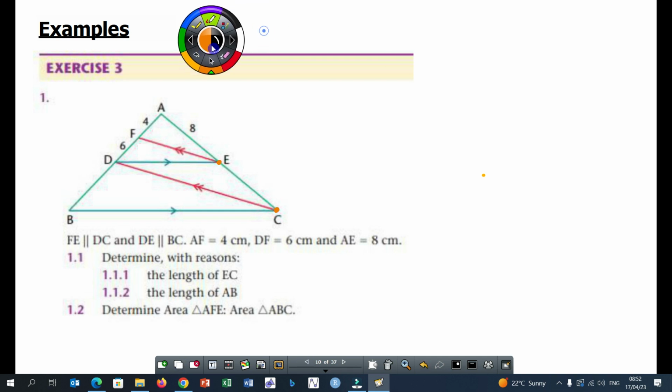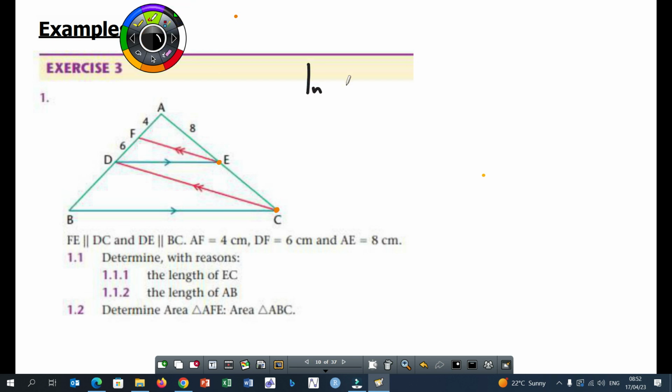First, you state the triangle: in triangle ACD. If I want to calculate the length of EC, there is more than one way of doing it. Since I'm given AE, AF and FG, I'm going to use our normal proportion theorem.